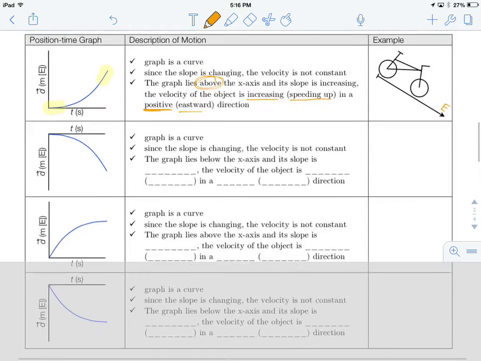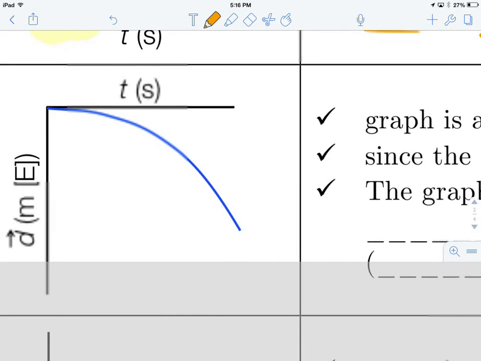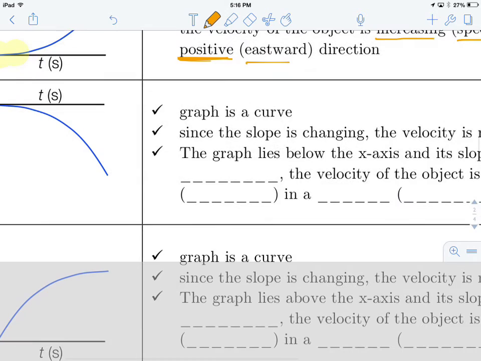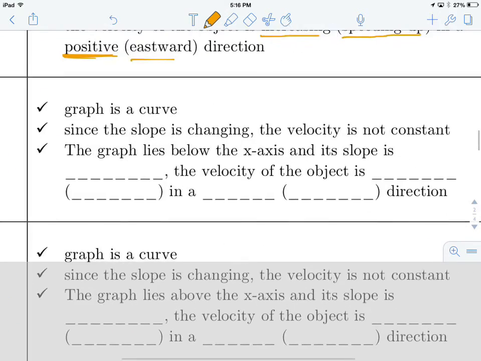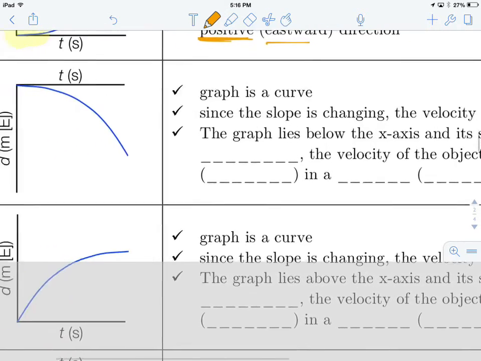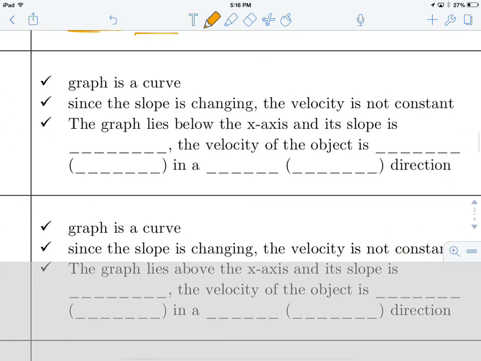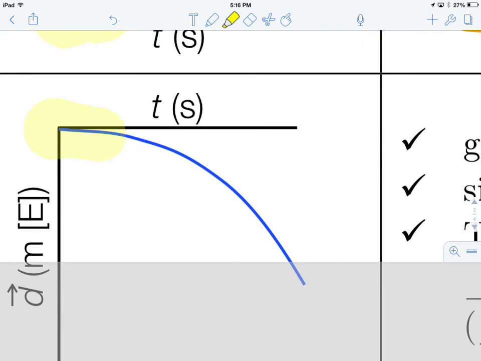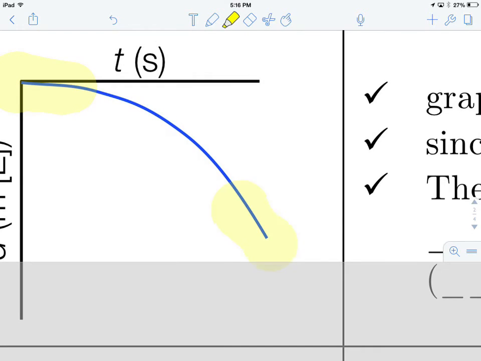This next graph is a little bit different. It's still a curve, and because it's a curve, the slope is changing, so velocity will be changing as well. The graph lies below the x-axis, and its slope is increasing. We can say that because we see where it starts. It starts at almost 0, and it ends down here at a much larger value of slope.